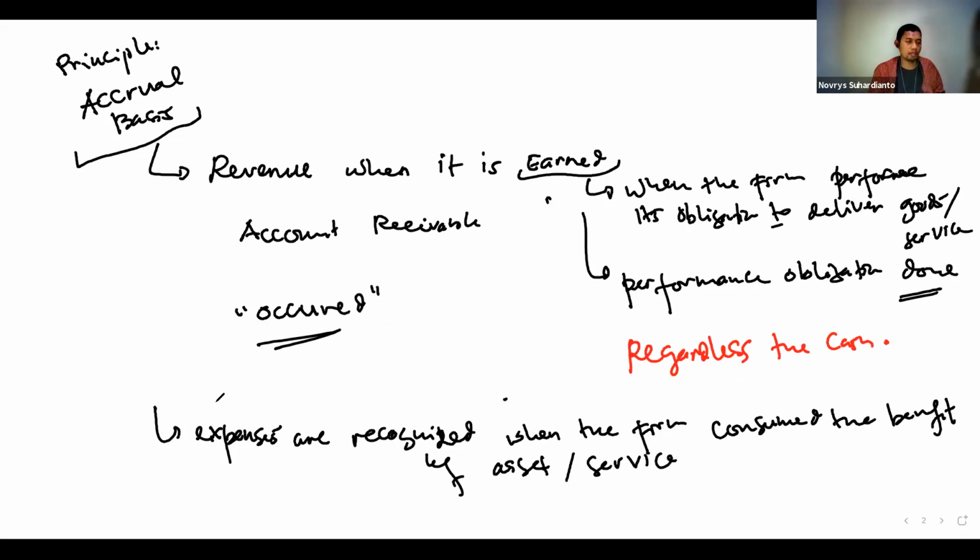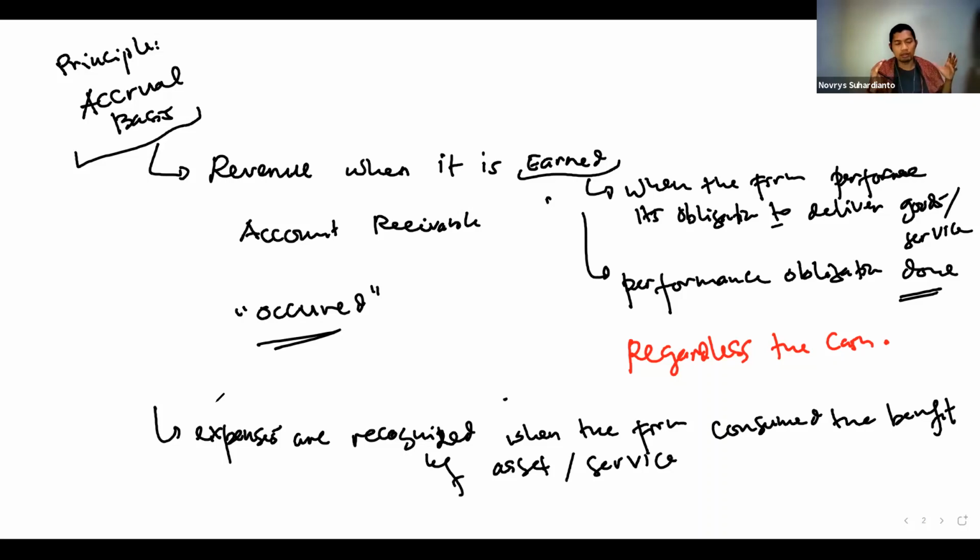In cash basis, revenue and expenses are recognized when the cash is received or paid. So any cash received is called revenue, and any cash payment is called expenses. That's quite simple.